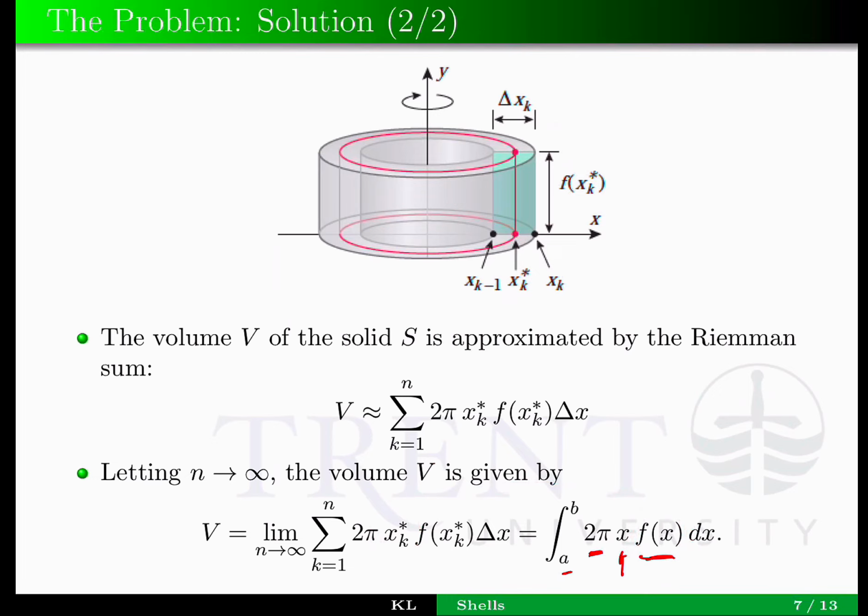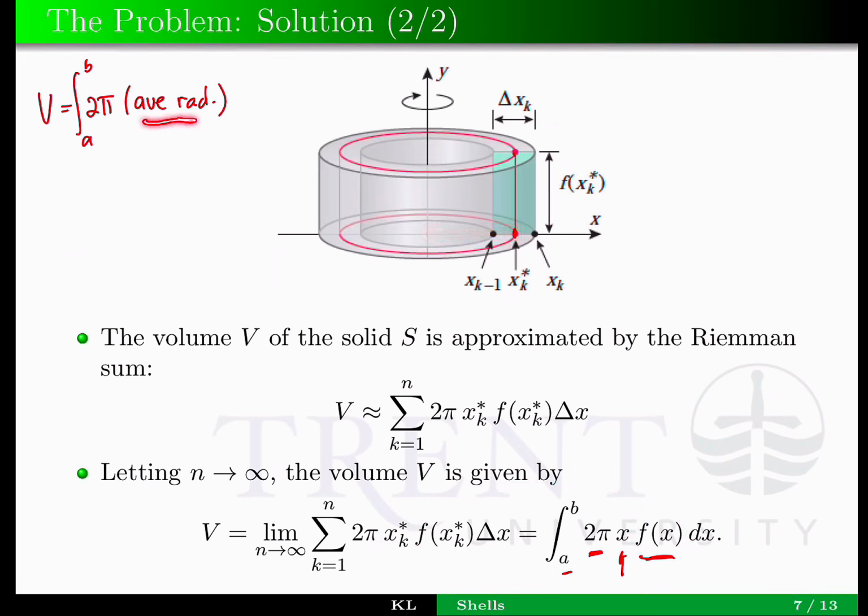Now, what I want you to remember is that the volume is equal to the integral from a to b of 2 pi, then you got here the average radius. Take note that the average radius is basically the x here going to the center of the shell, which is the axis of revolution.